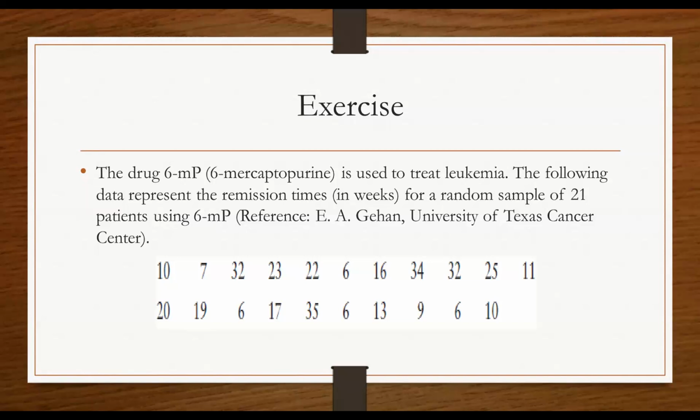So this is the sample that was gotten. We want to look at the impact of the drug. There are 21 people, a random sample of 21. First of all, the sample size that we are using is 21. It is a small sample size. Are you able to follow that?